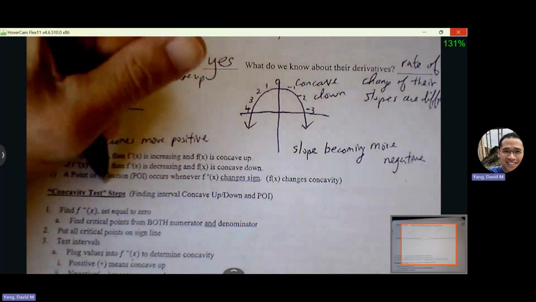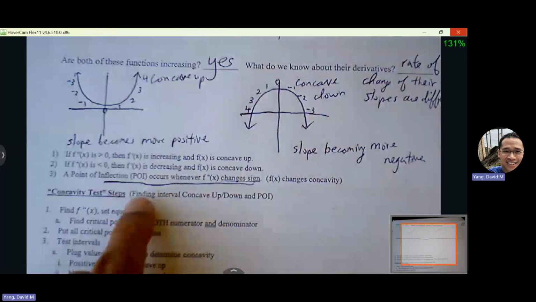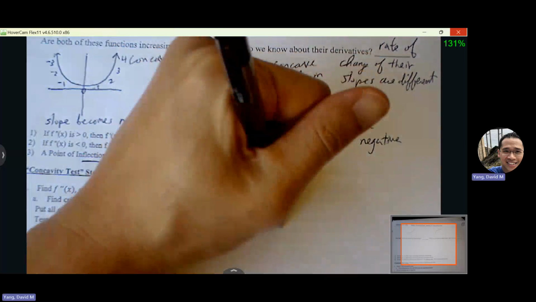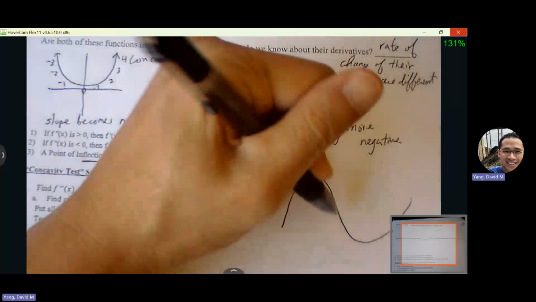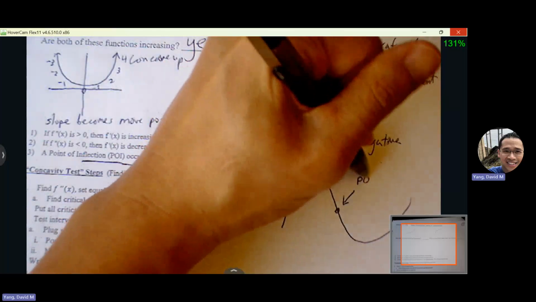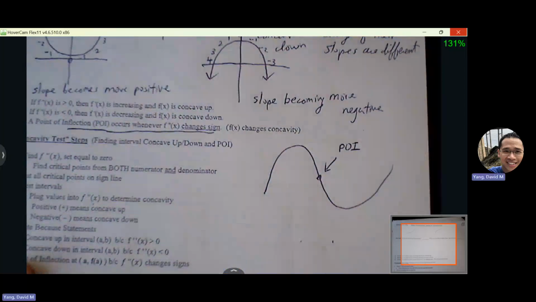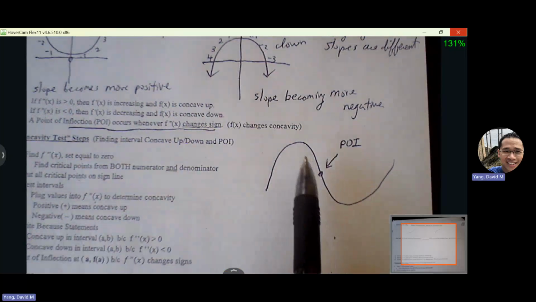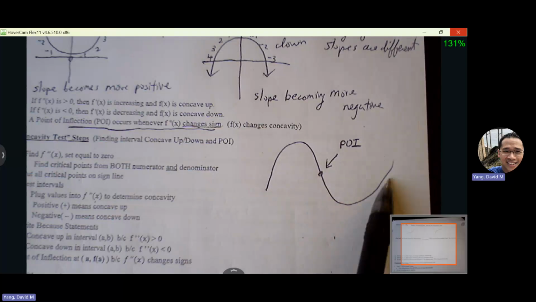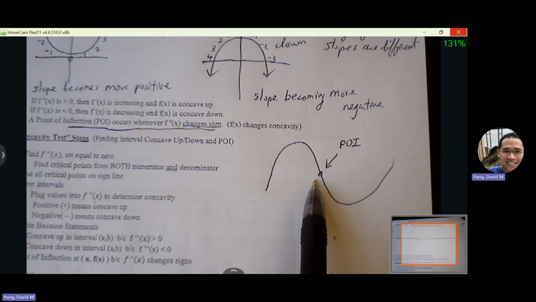Okay, we also have something called a point of inflection, which I abbreviated as POI. So point of inflection is where your concavity changes from one curvature to the other. So here, the graph is concave down, and then at some point, it's going to switch over to concave up, and that point of change between the curvatures is called a point of inflection.